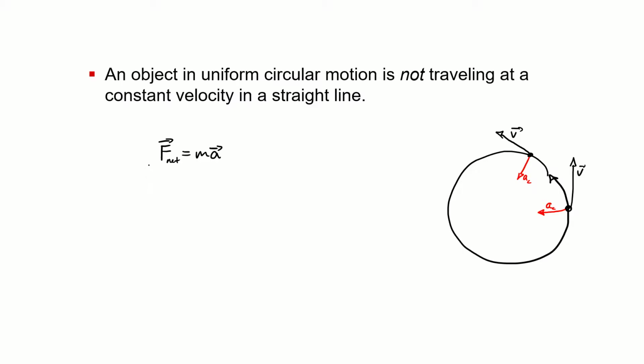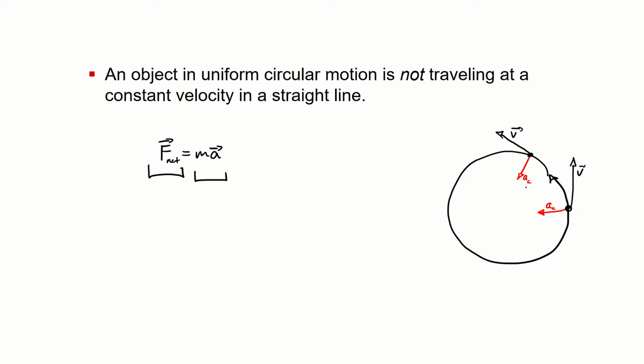We can look at whatever object we're discussing, identify all the forces, and identify the forces that add up to make the net force. And then we can look at how the object's moving and in what direction, and through that description of motion, perhaps figure out what the acceleration is.